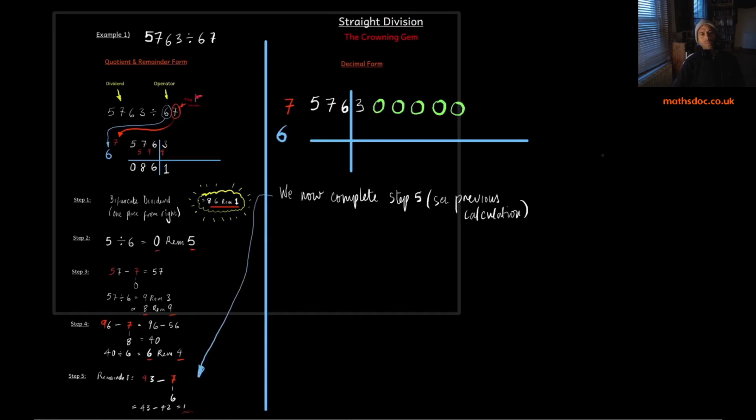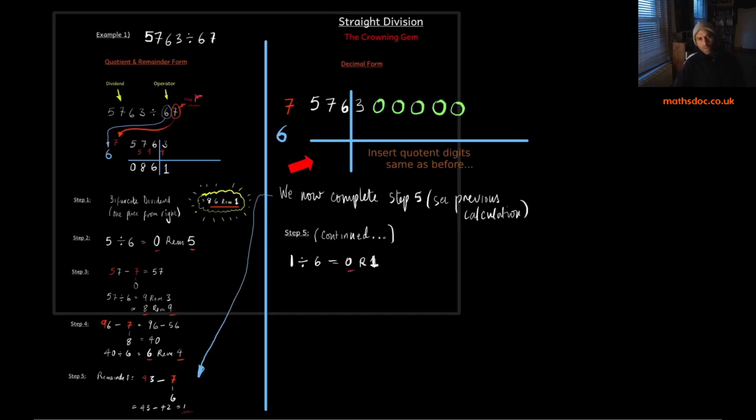Step 5, continued. Right, let's see what we've got to do. We need to take that 1, which is a remainder, and divide by 6. Can't do that, can you? So we get 0, remainder 1.